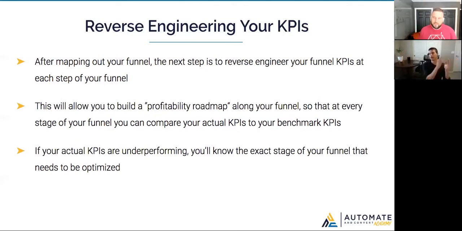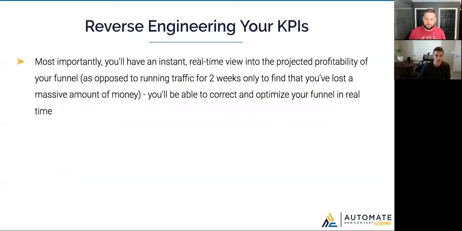The issue may be an ad to landing page problem, but if you don't know, okay, roughly I need to be at a $7 cost per lead for this funnel to work, and I'm actually at a $24 cost per lead, that tells me immediately it's either an ad problem or a landing page problem or a combination of both. It has nothing to do with the rest of the funnel. No matter how optimized this is, if I need to be at $7 up here and I'm actually at $24, there's just no chance it's ever going to be profitable. And so it helps you make problem-solving decisions as well.